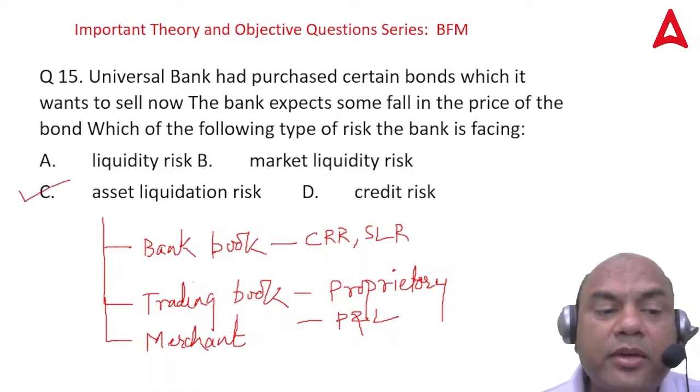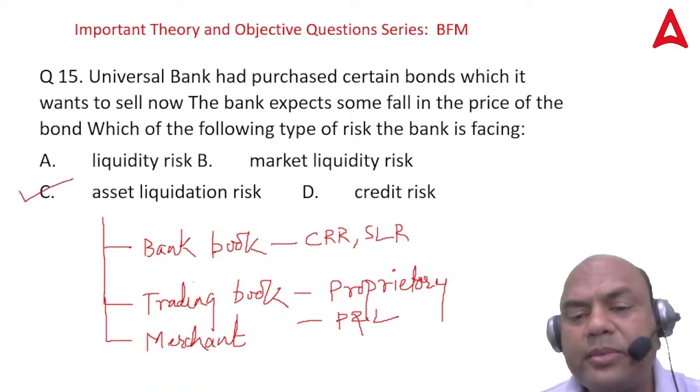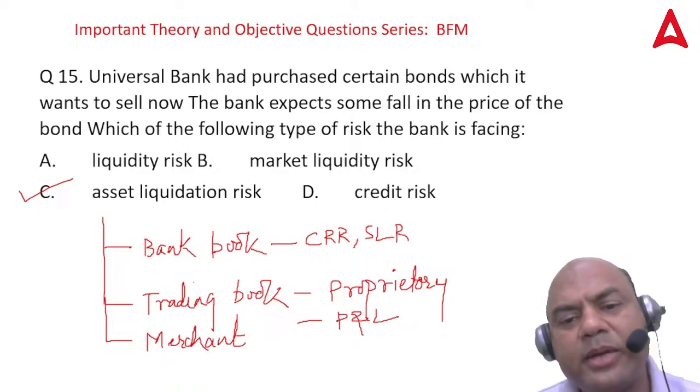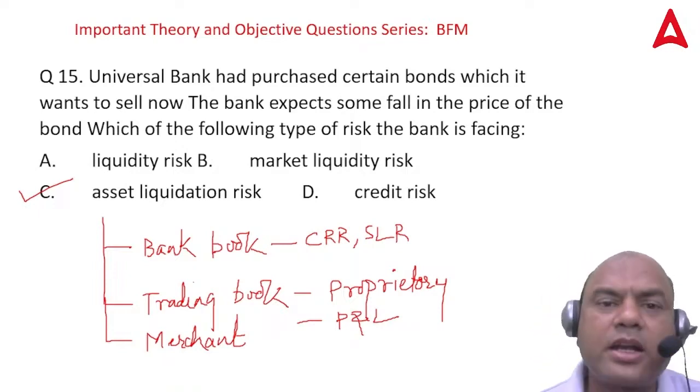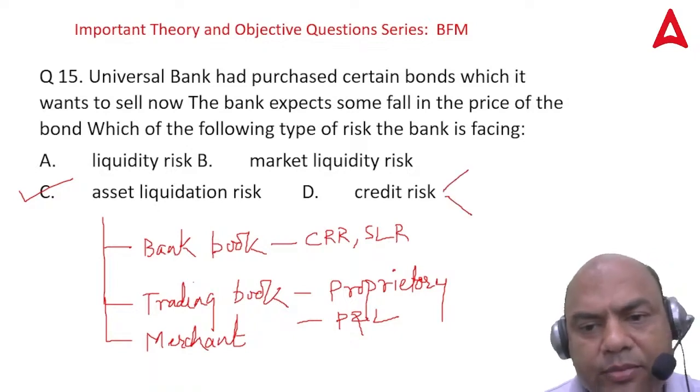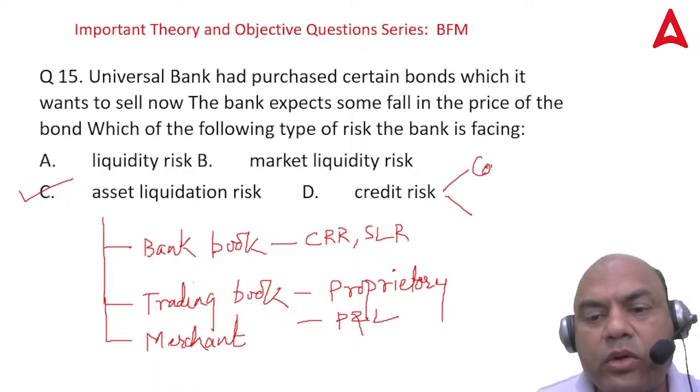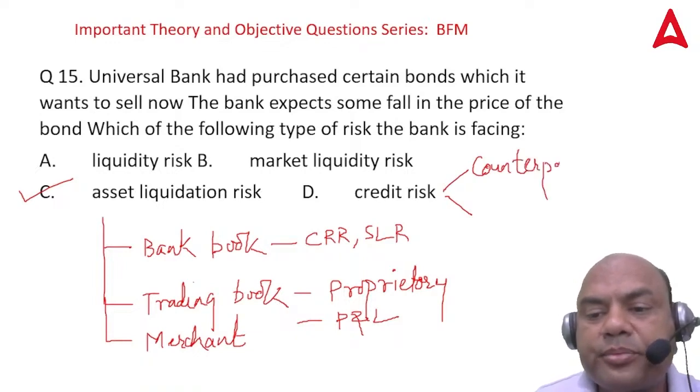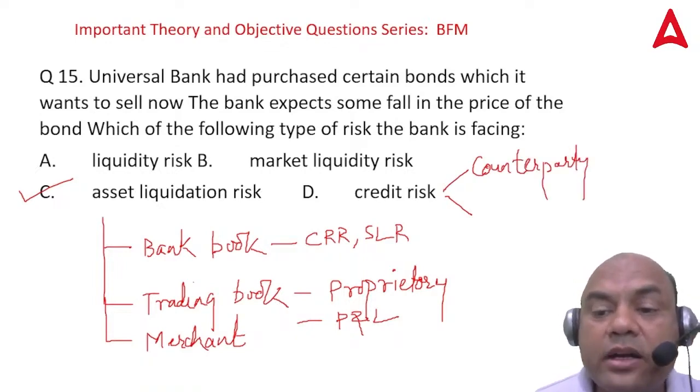But what about D? Why not D? I have explained all these terms, so let me explain the last one also, credit risk. Credit risk is always of two types, remember. One is counterparty risk, which we call default risk. And the second one is country risk.